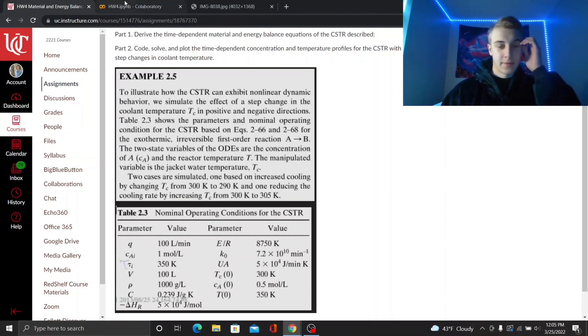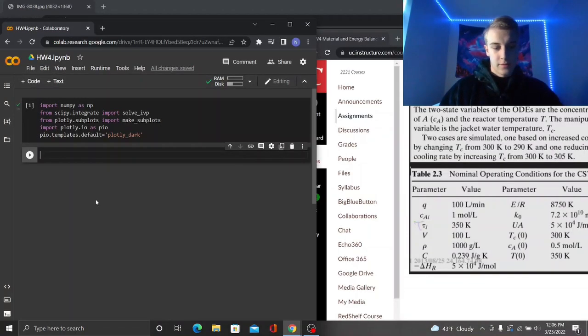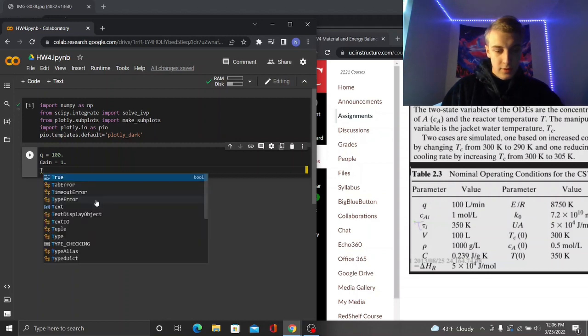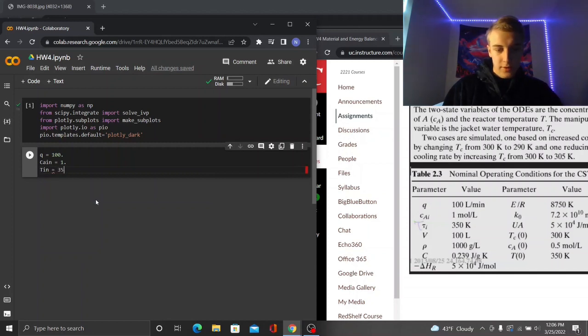So to start off, I'm just going to be entering in these given values that we have. So Q will equal 100. C equal 1. T in will equal 350. V will equal 100.